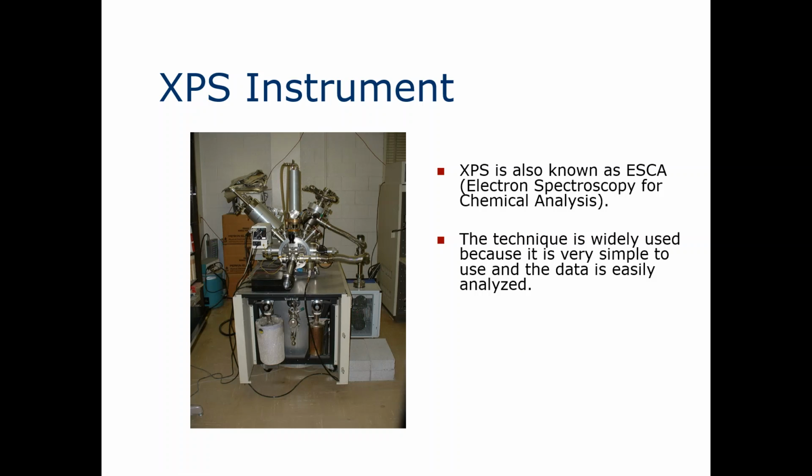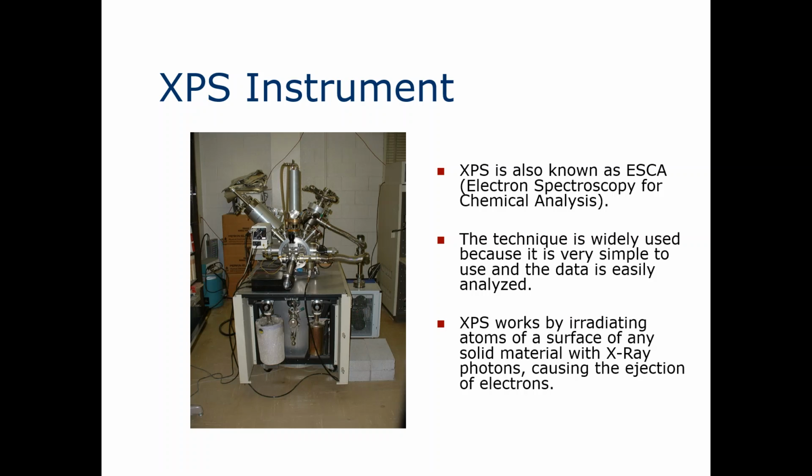This technique is widely used because it is very simple to use, and the data we obtain as a result of the XPS analysis is very easy to analyze. People can easily understand it and demonstrate all the results.